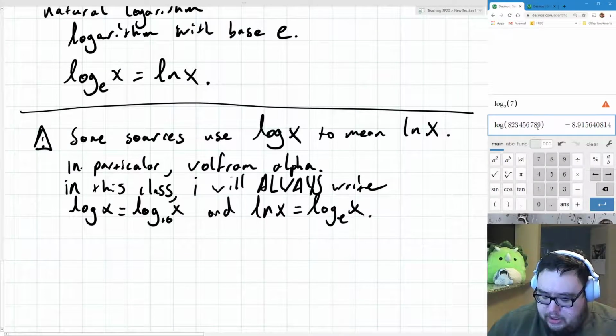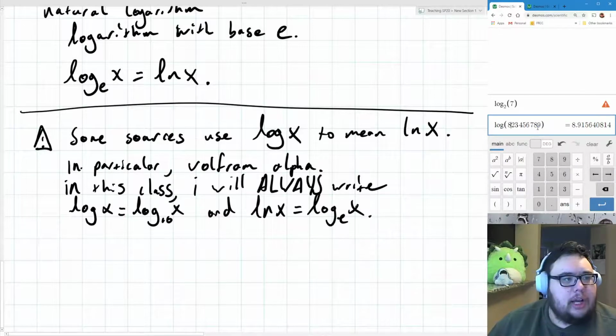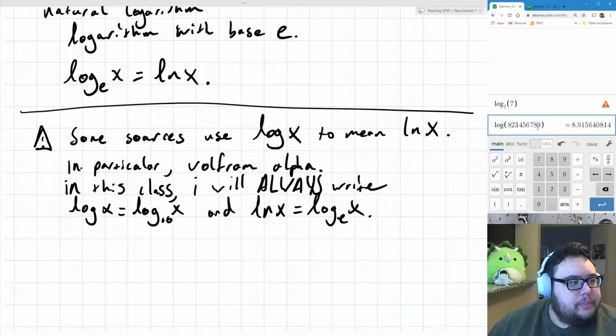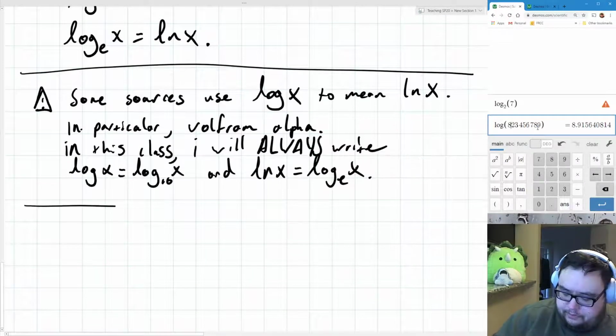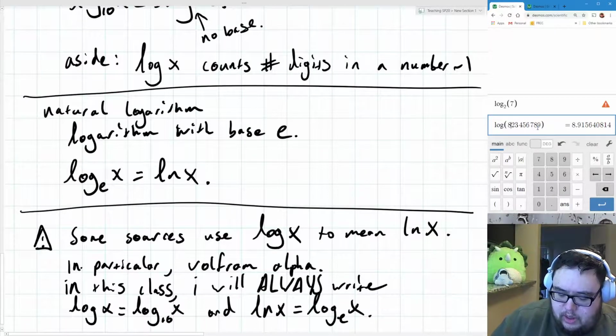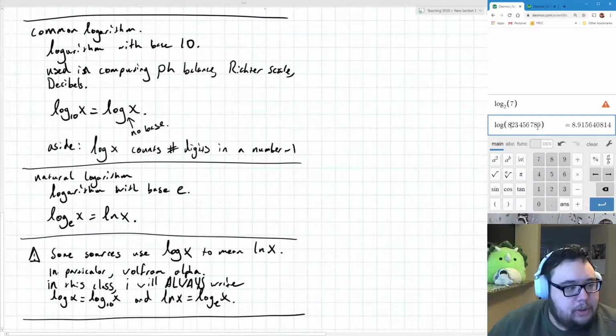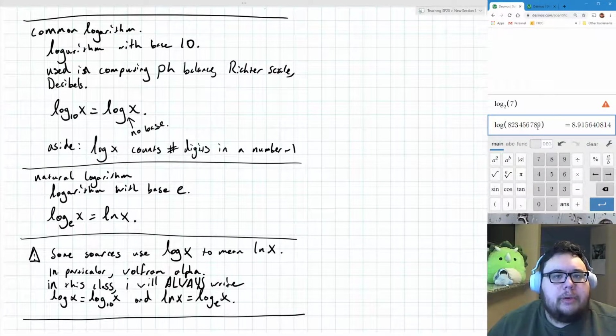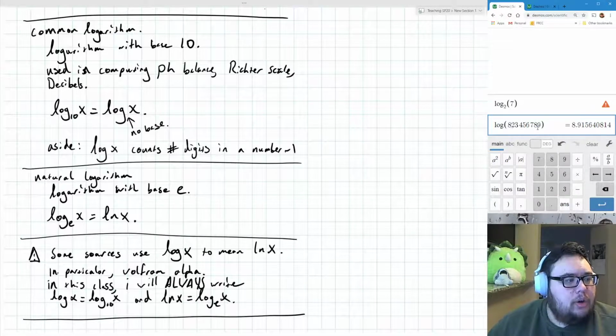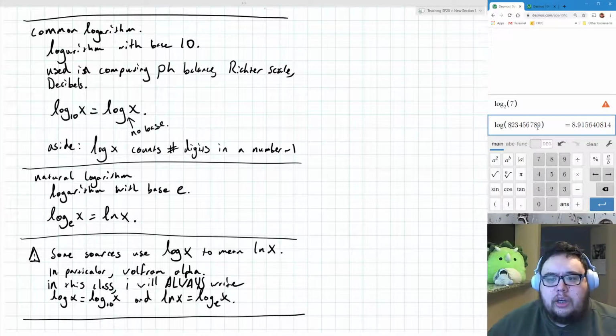Notably, ln is actually a French abbreviation. It stands for log natural instead of natural log, which is why it's ln instead of nl. Fun facts. Okay, any questions about these two special logarithms, the common logarithm or the natural logarithm? They're basically just shorthand. They're logarithms that we want to use commonly enough or naturally enough that we just need to be able to write them in a quicker way.